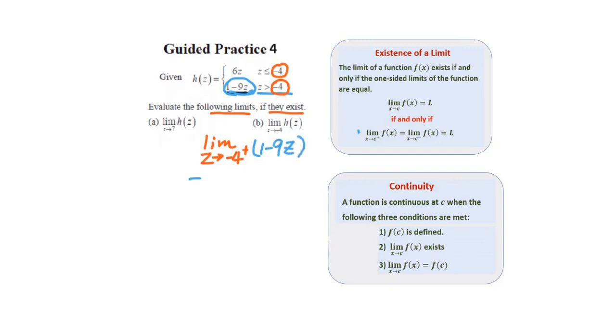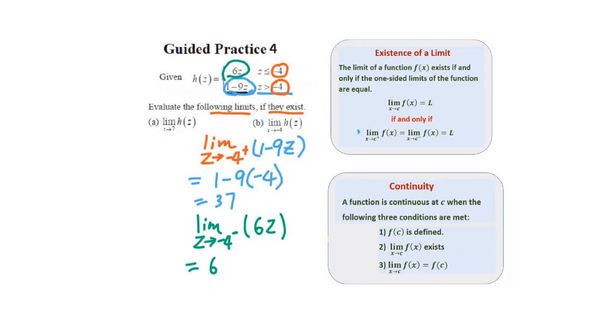So we plug in. You will get 1 minus 9 times negative 4. You will get 37. But for the limit as z approaches negative 4 from the left, you have to use this function, 6 times z.